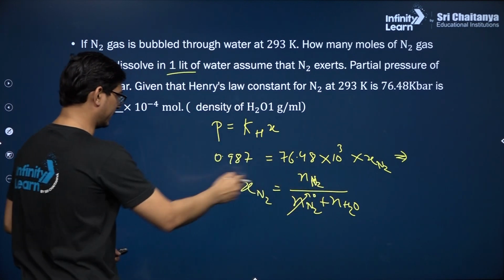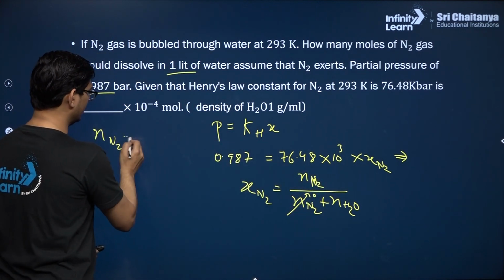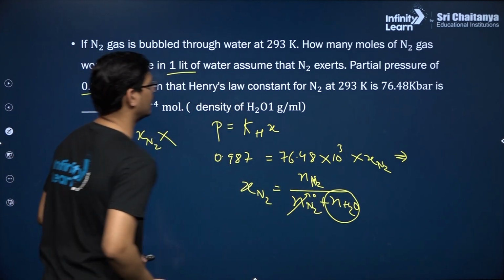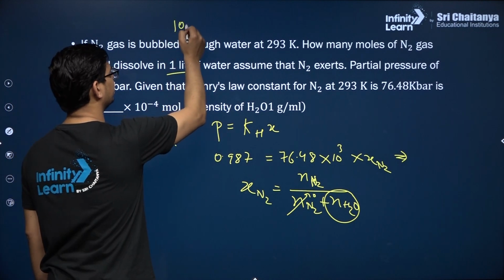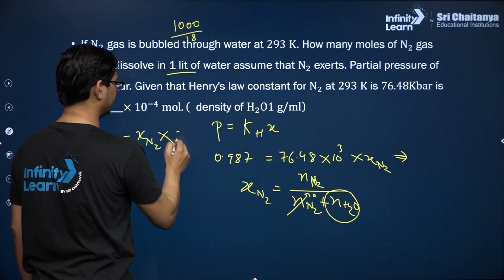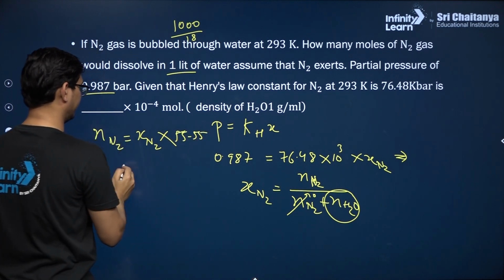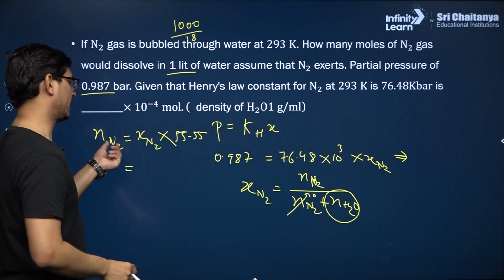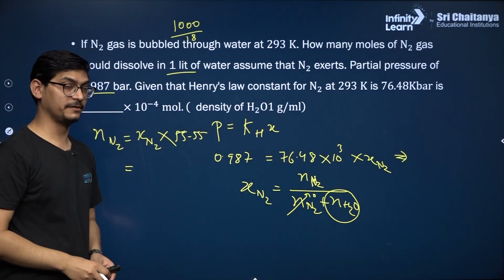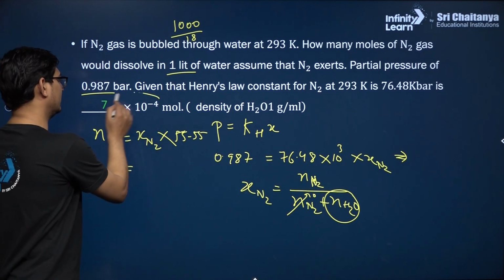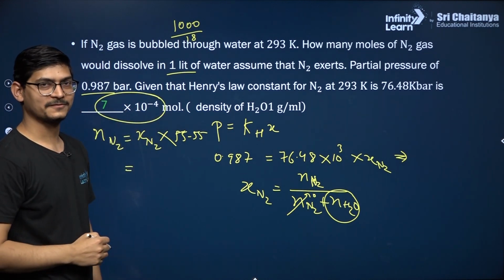So the number of moles of nitrogen will be the mole fraction of nitrogen multiplied by the number of moles of water. Now remember, in 1 liter, if we assume the density to be 1, the number of moles is 55.55, right. So from this equation you calculate the mole fraction of nitrogen multiplied by 55.55, that is going to be the number of moles of nitrogen, which is approximately 7 into 10 raised to the power minus 4.